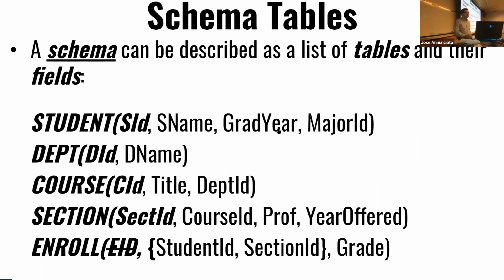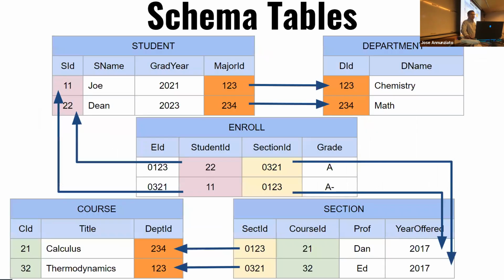So for instance, take the same schema that we've been using so far: students, departments, courses, sections, and so on. We might have the following set of tables: a list of students, Joe, Dean, and so on, with graduation year; a list of departments; the list of enrollments; the sections; the courses. The way they're related to one another is through the use of foreign keys and primary keys.